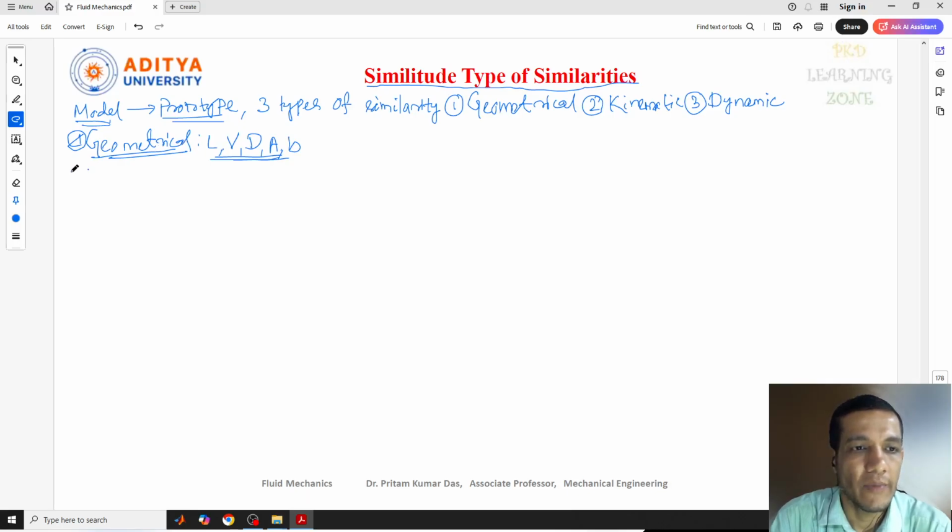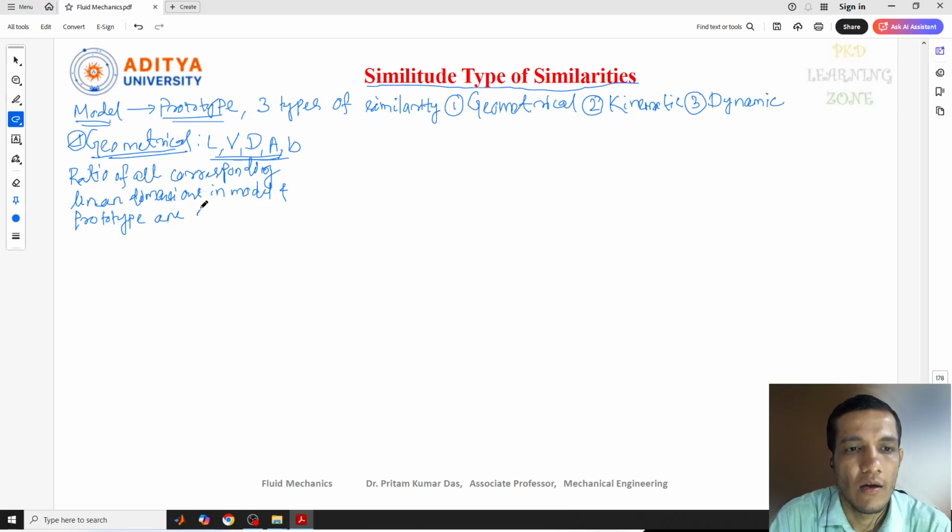The ratio of all corresponding linear dimensions in the model and prototype should be the same, or equal. Because we are talking about two things, model and prototype.